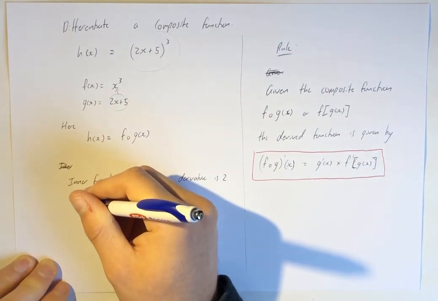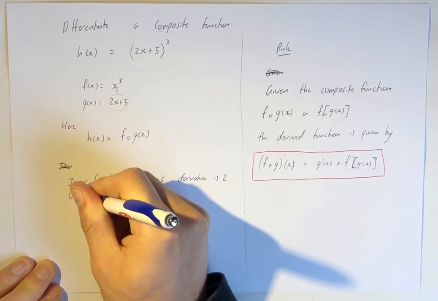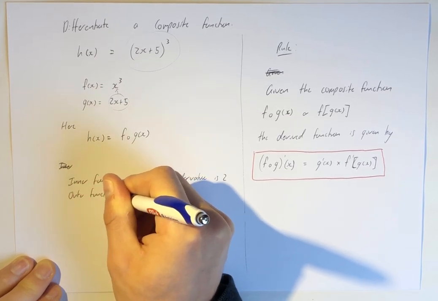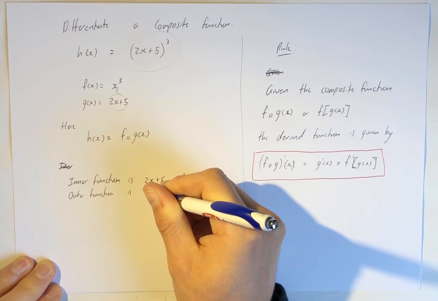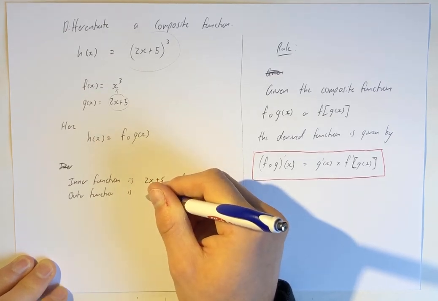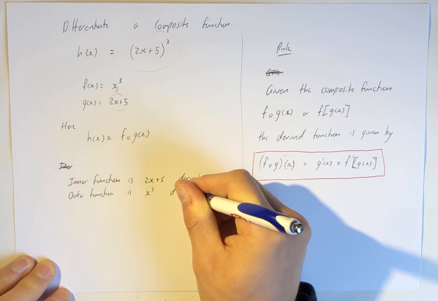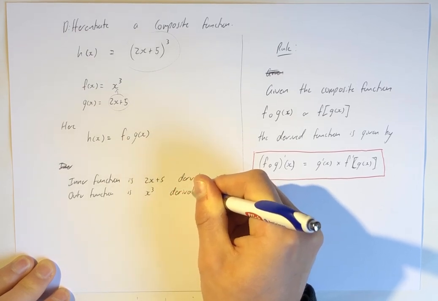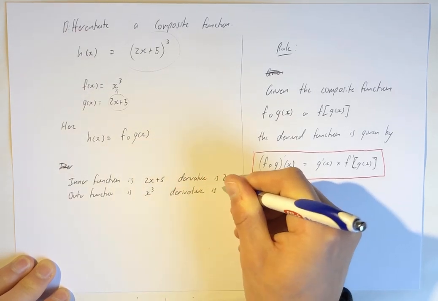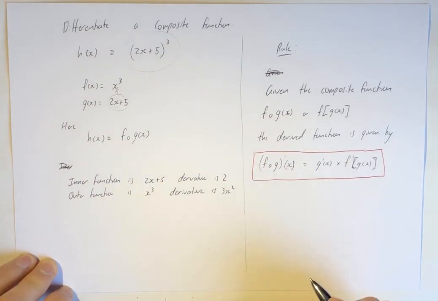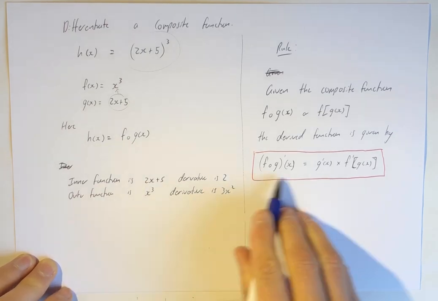And the outer function is x cubed, derivative is 3x squared. Okay, so we're going to have to use this rule here.